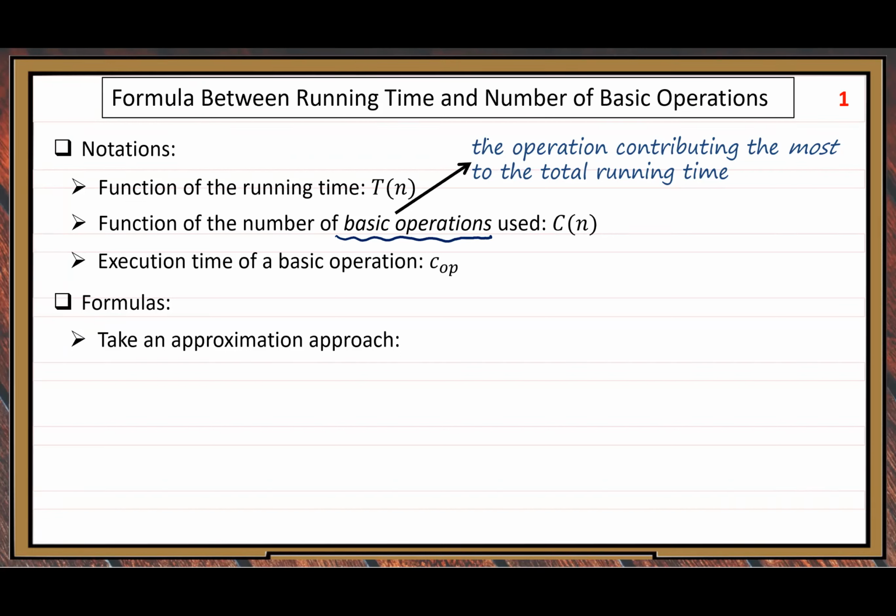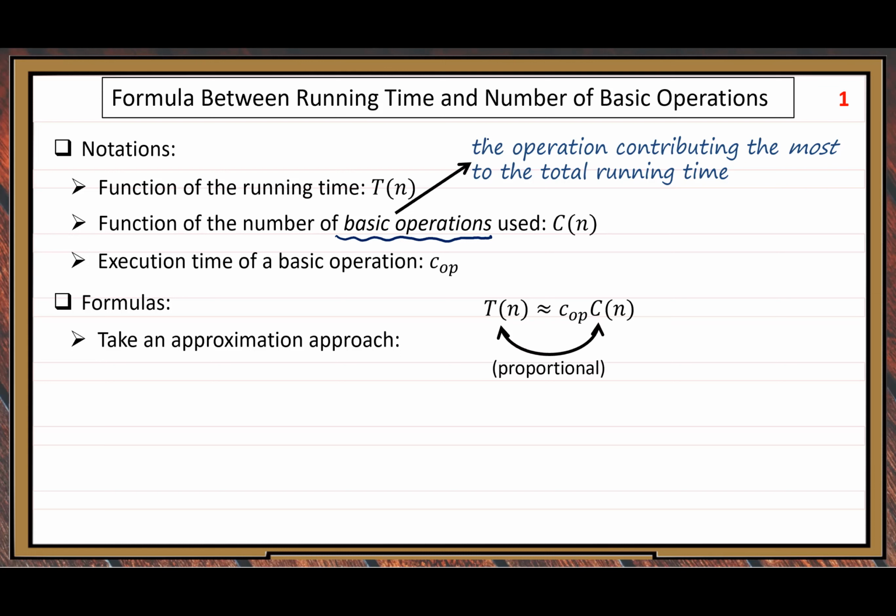So many times we have to take approximate expressions. Here is the one: T of n approximately equals c op times capital C of n.